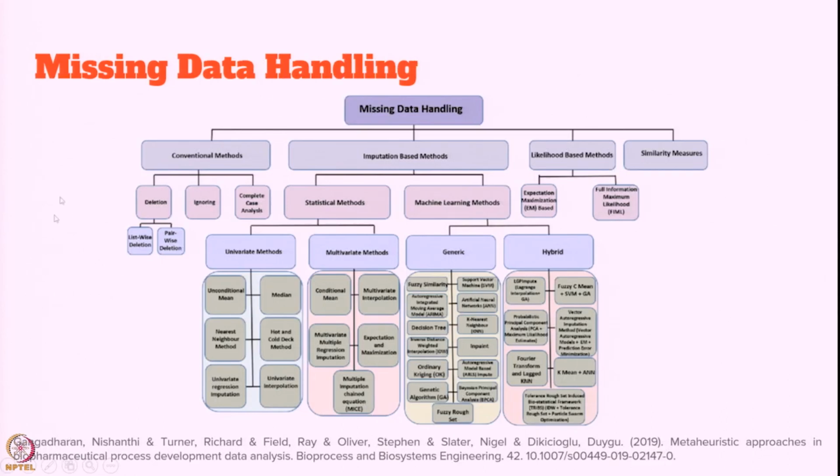This is from a research article where they tell what the various ways are in which we can handle the missing data. We saw the conventional methods, and also some univariate methods, median, mode and all those things, but there are several other methods which are also used to fill the missing values. For example, there are statistical methods, machine learning methods, likelihood based methods and similarity methods.